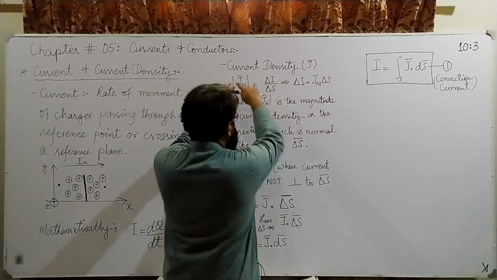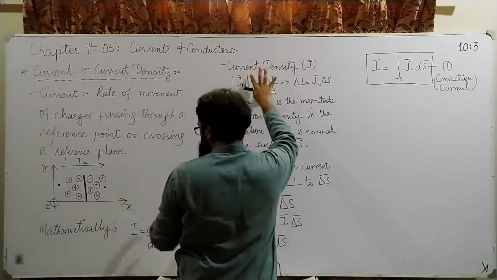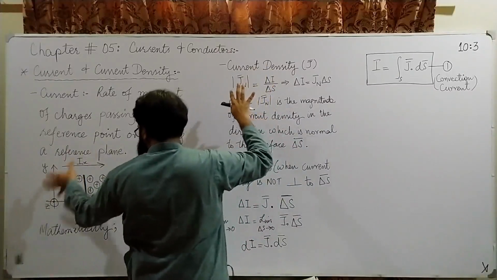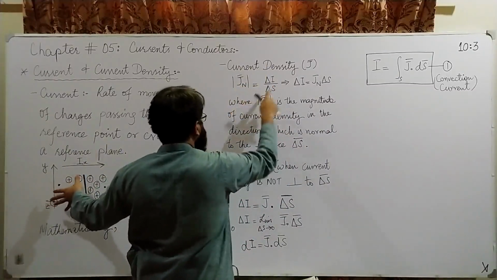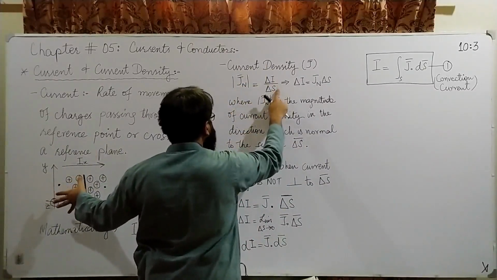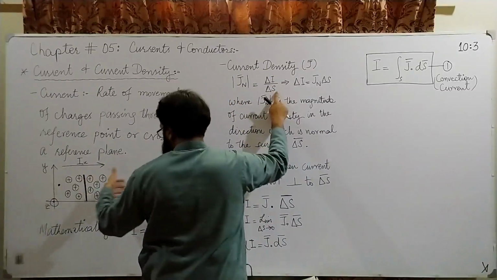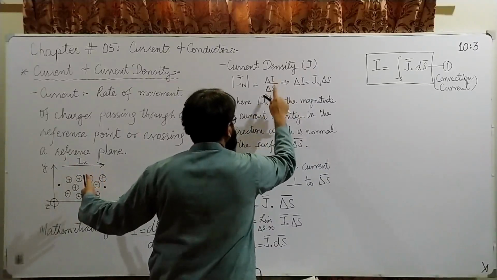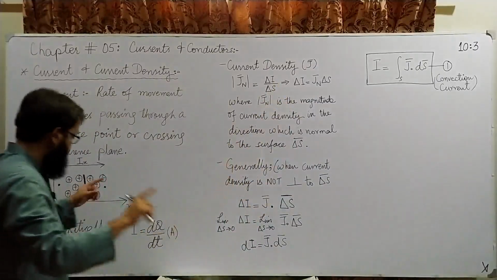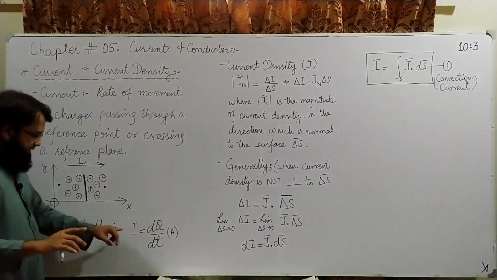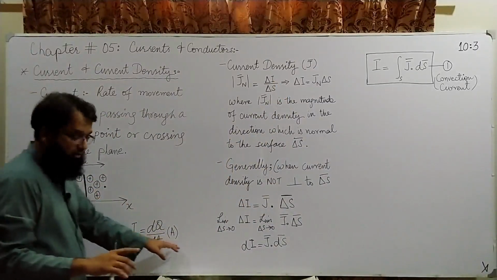All right, but in this definition, one thing is implicit, it is assumed that the direction of current is perpendicular to what? To the surface. But remember that current is a scalar quantity. There is no direction associated with it.